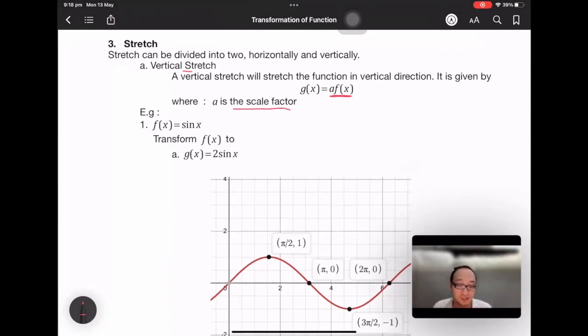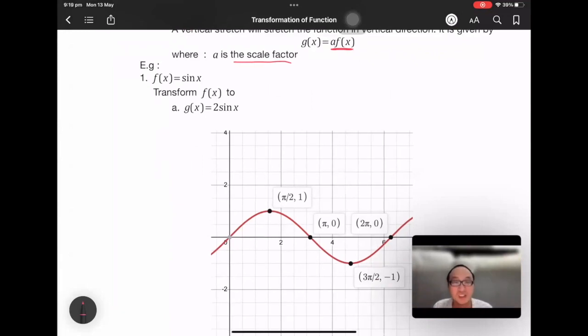So, for example, now I use a trigonometric function, so we can see it clearly. Sine x to become 2 sine x. So I can rewrite this as 2f(x).